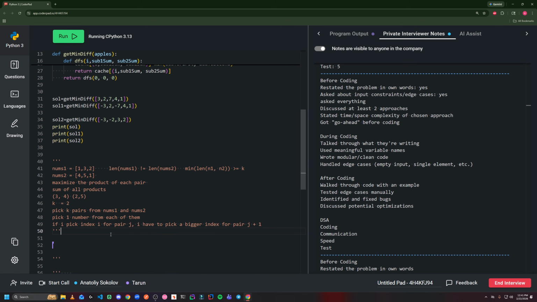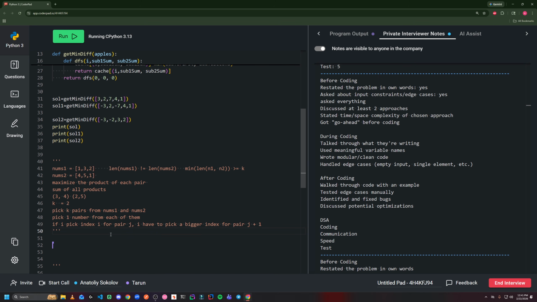So consider this example. We have 3 and 4, which is one pair, and 2 and 5. Here you can see it is getting higher, and this is 4, this is 2, this is 5.